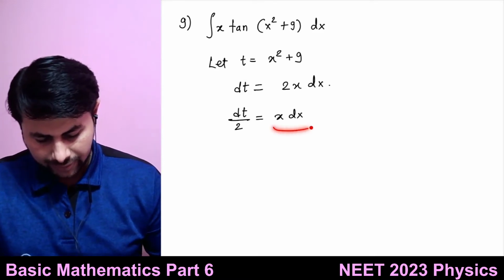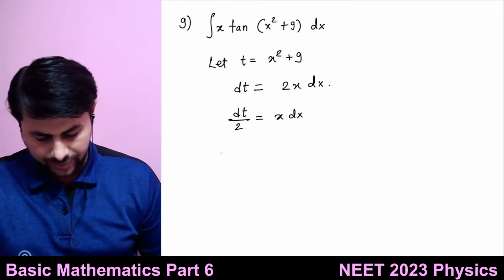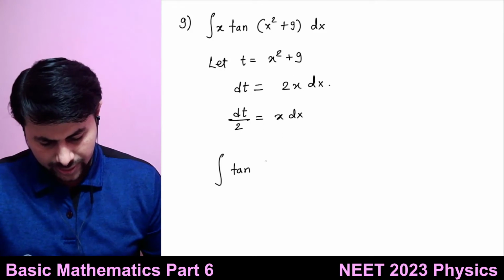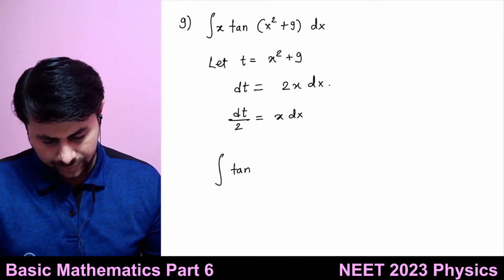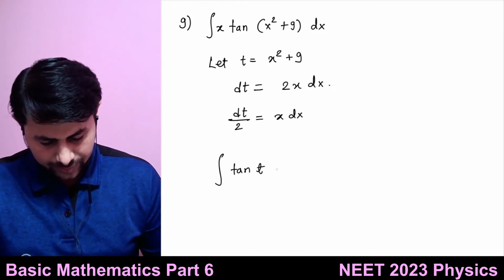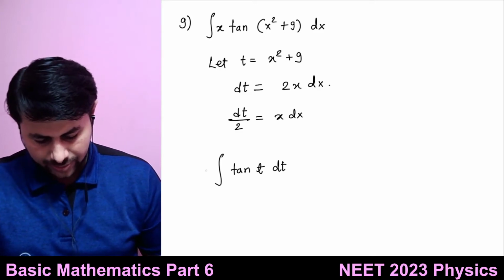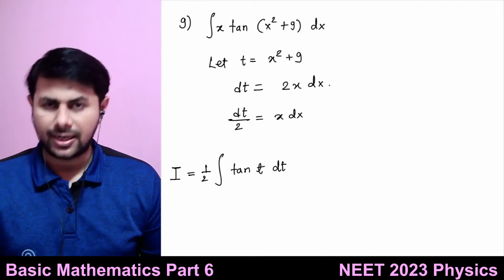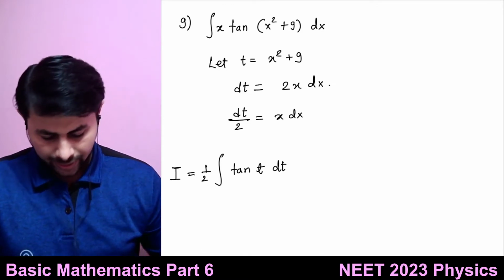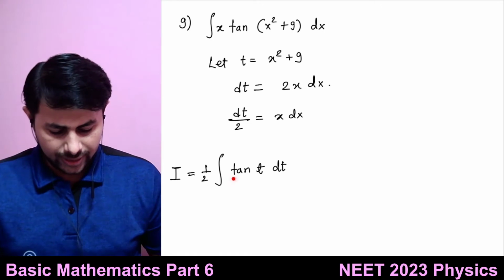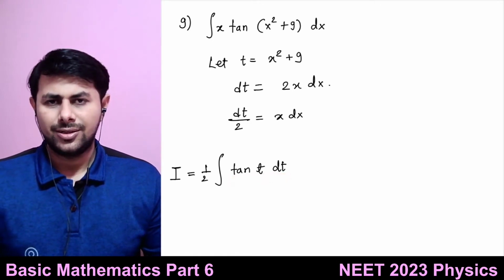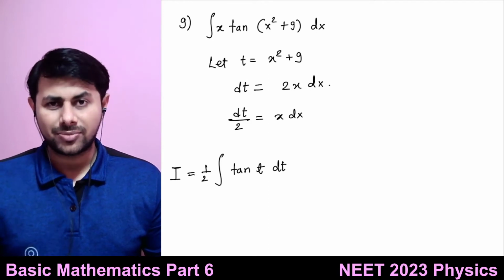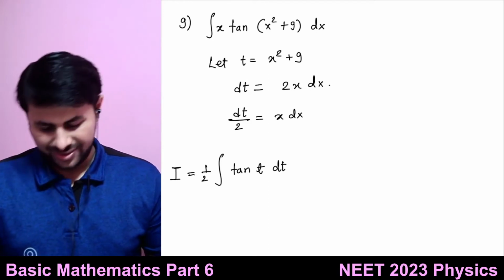And then I will substitute that here. So it is tan of, okay, tan of what? Tan of t dt divided by 2. So I will take 1 by 2 outside. Okay, so I will write this as I equals to, I means integral. Okay, and then I have tan t dt. So I can do its integral in the exact way of cot of t, right?